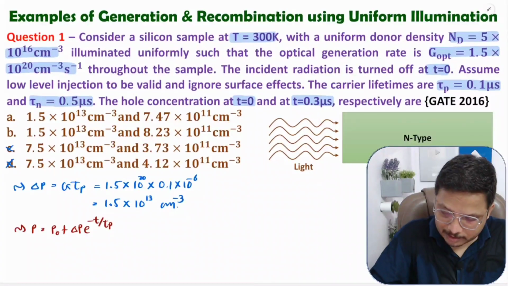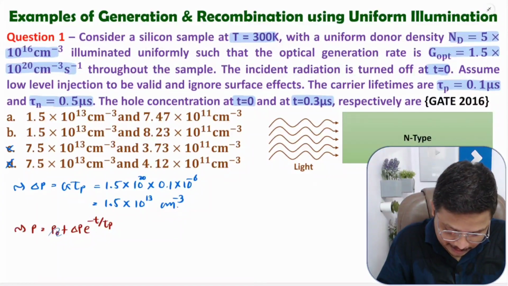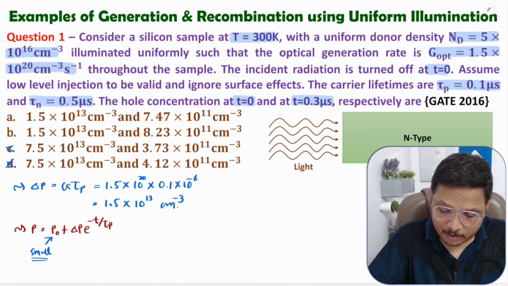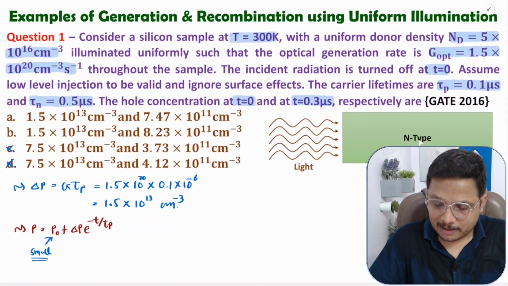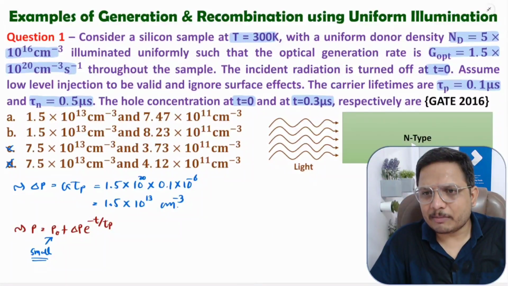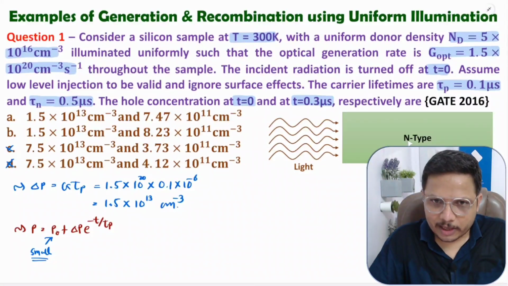P is equal to P naught plus delta P into e to the power minus T by tau P, where this P naught we need to ignore. Why? The reason is it is small, right? So we will be ignoring this as we are discussing N-type material with light illumination. So temperature dependent things we will be ignoring over here.